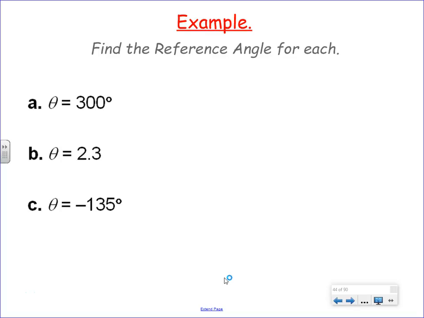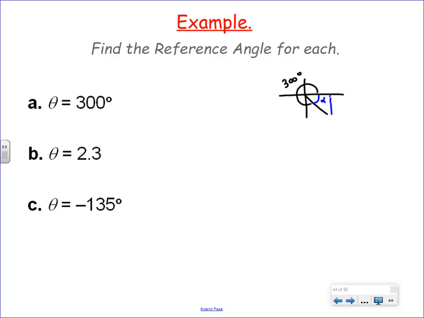So kiddos, the very first step is to figure out a picture because then we can put it in one of those scenarios that we drew for reference angles. So for example, what quadrant is 300 in? 4. Right? If this is 300, approximately, what math are we going to do in order to find the alpha that makes that triangle?